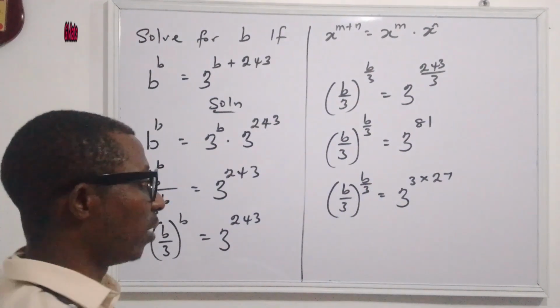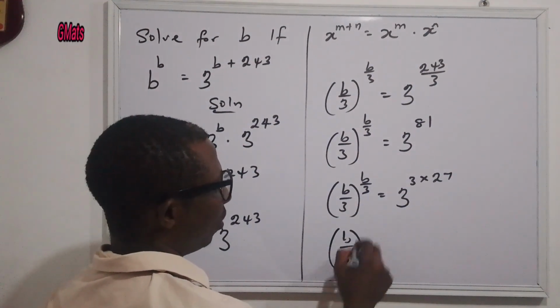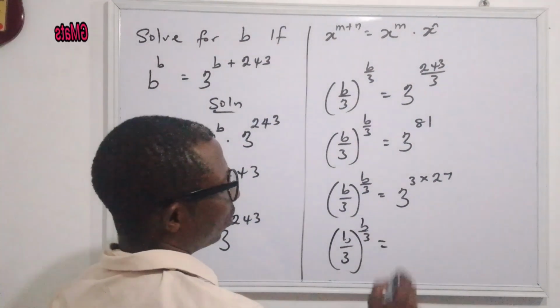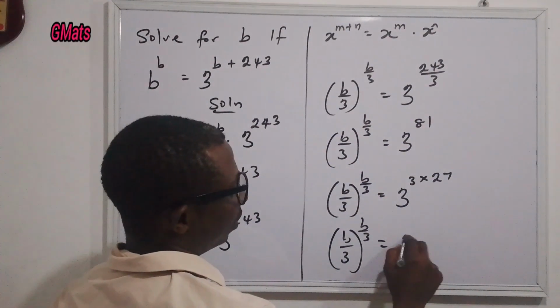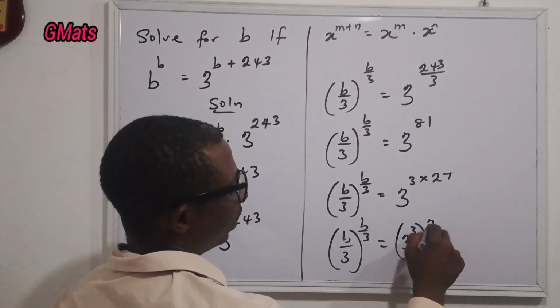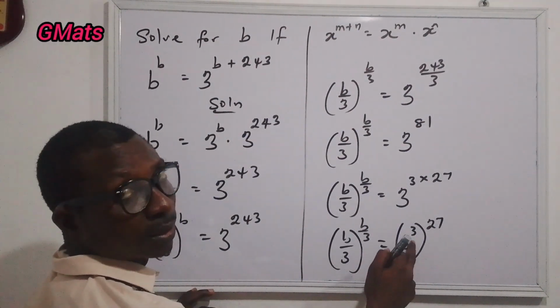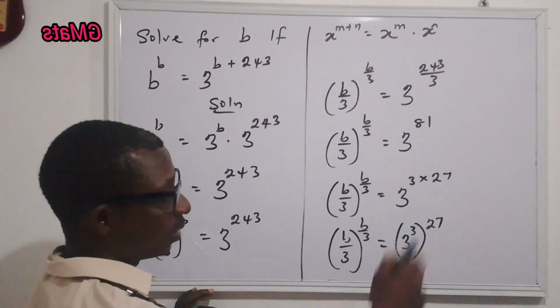So now this is 3 raised to the power of 3 raised to the power of 27. And don't forget, 27 is 3 times 3 times 3.